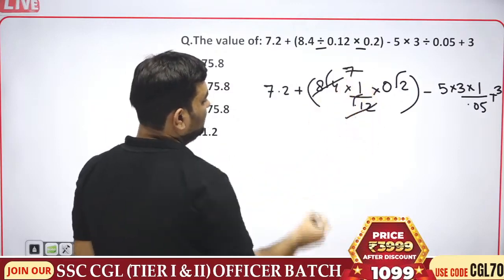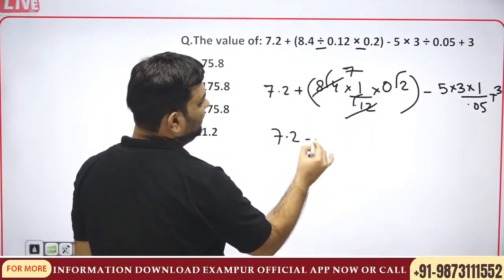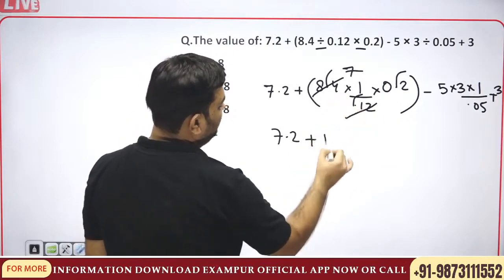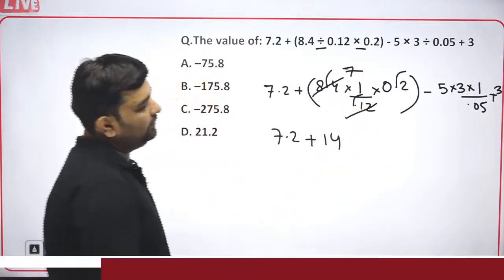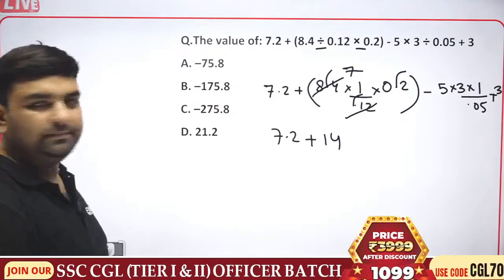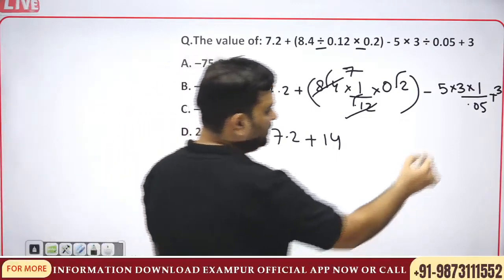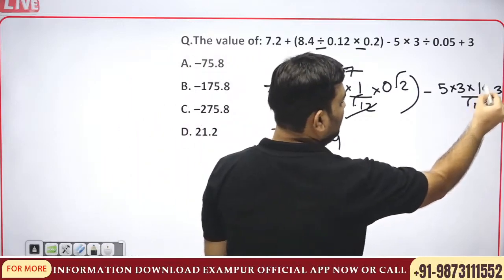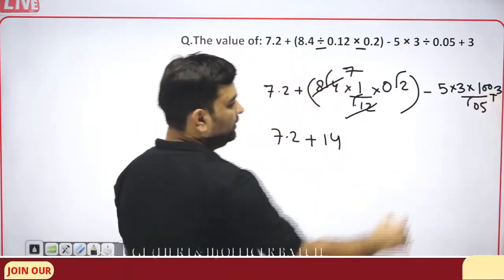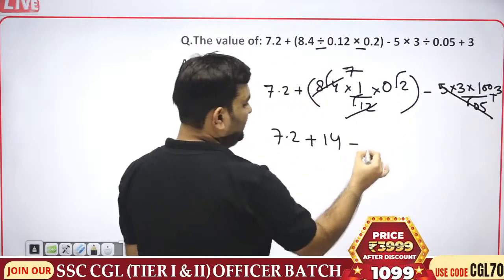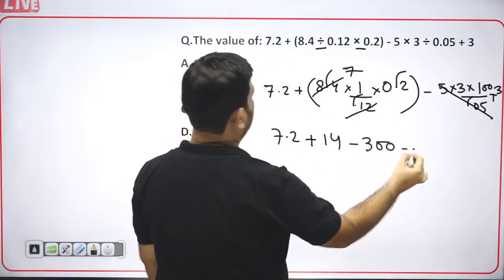7.2 plus... okay, let's see. So these two decimals will come over here, 100. So it is minus 300 plus 3.